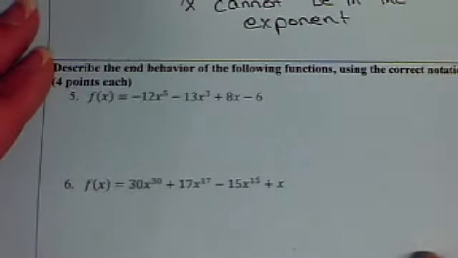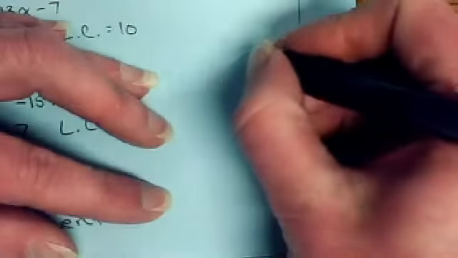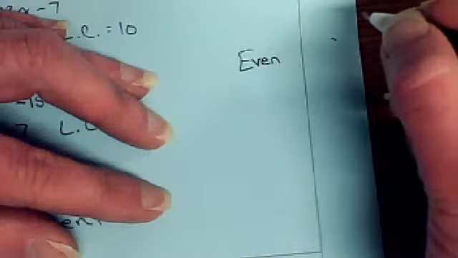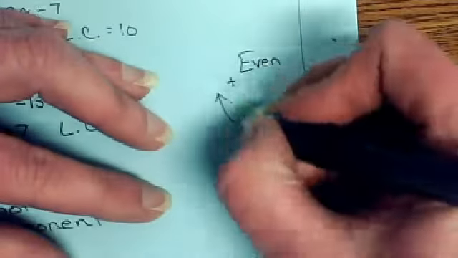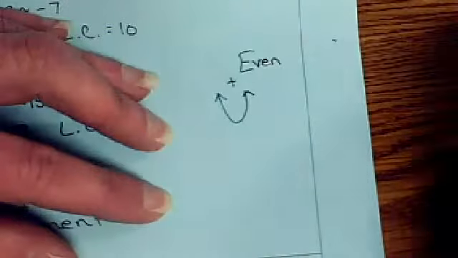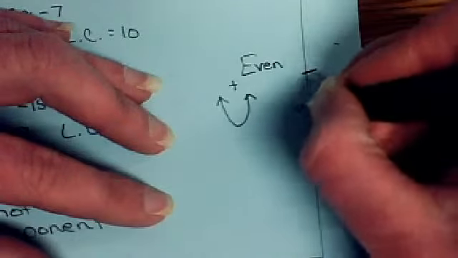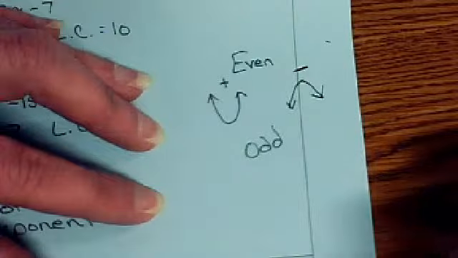Okay, end behavior. Let's think about some things. I'm going to come off to the side here. If I have an even exponent, think like x squared, and it's positive to start with, it's always going to go up and up. If it's negative, it's going to go down and down. If I have an odd exponent, let's think of a linear function.